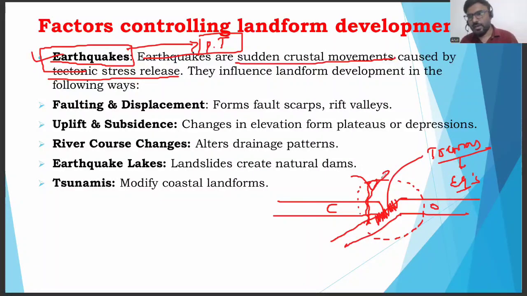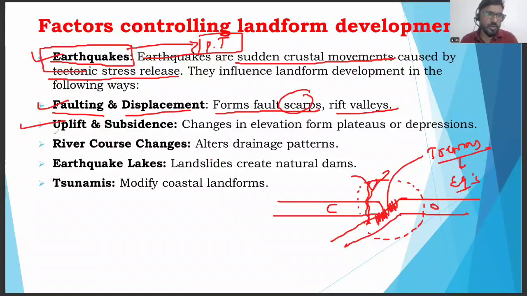This earthquake is also responsible for landform development. Earthquakes can influence landform development in various ways. Faulting could happen, even displacement, so it could form fault scarps or rift valleys.